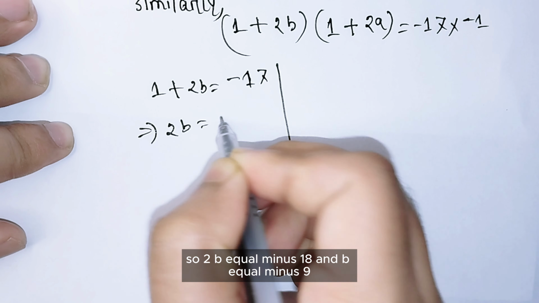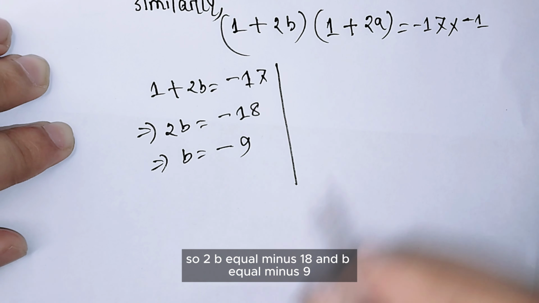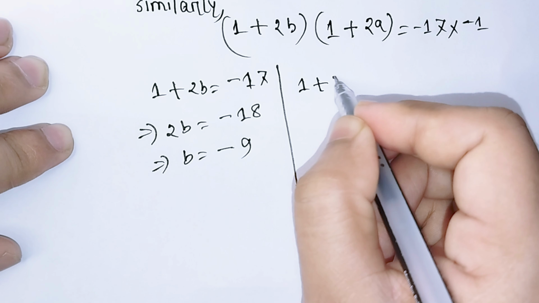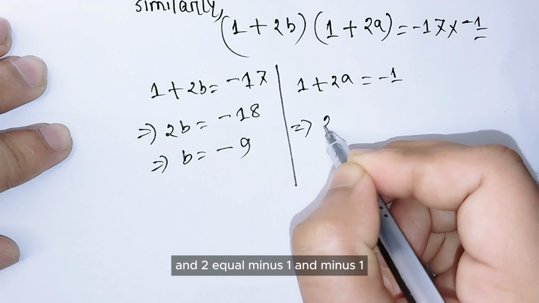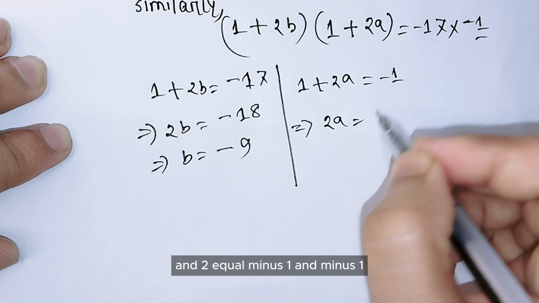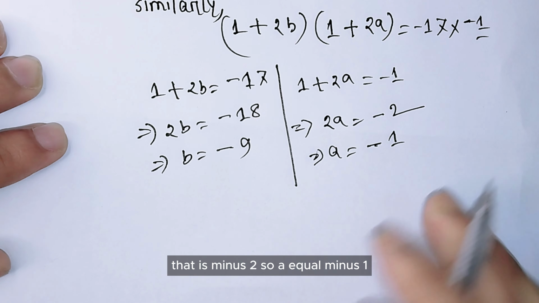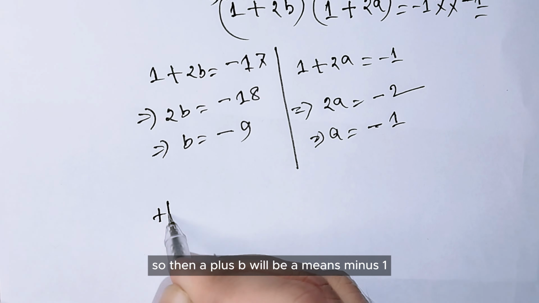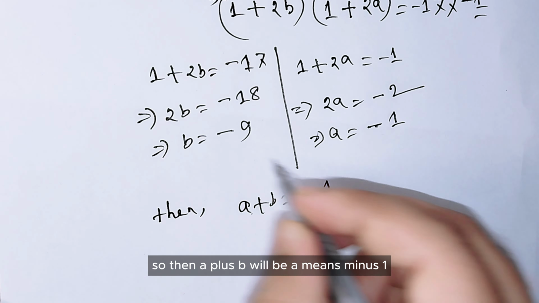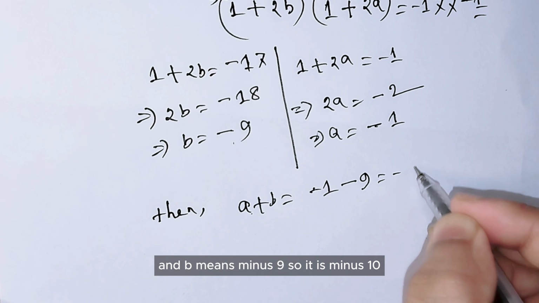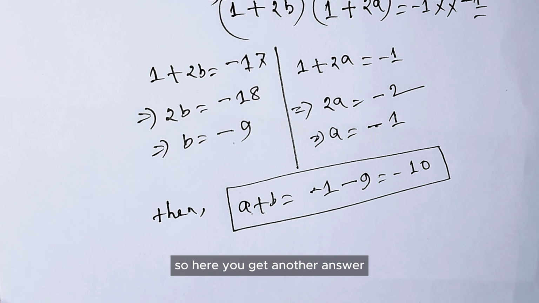So 2b equal minus 18 and b equal minus 9. Similarly, 1 plus 2a equal minus 1 and 2a equal minus 1 minus 1, that means minus 2. So a equal minus 1. Then a plus b will be minus 1 plus minus 9. So it is minus 10. So here you get another answer.